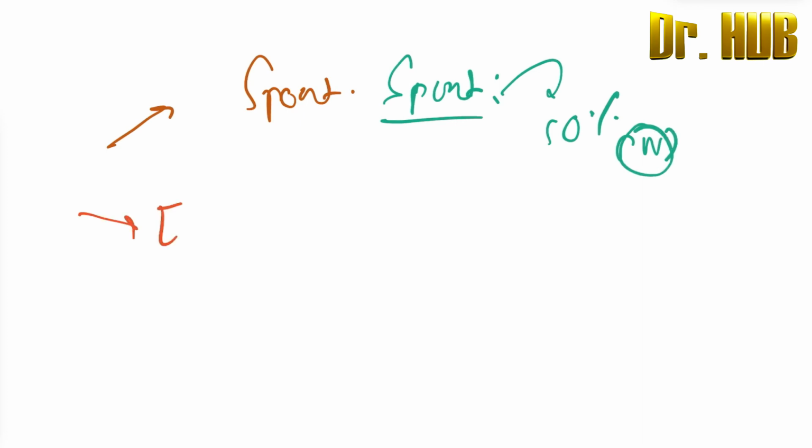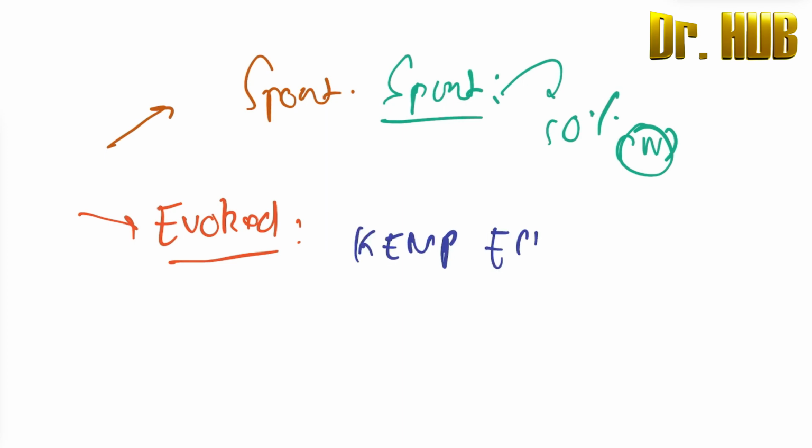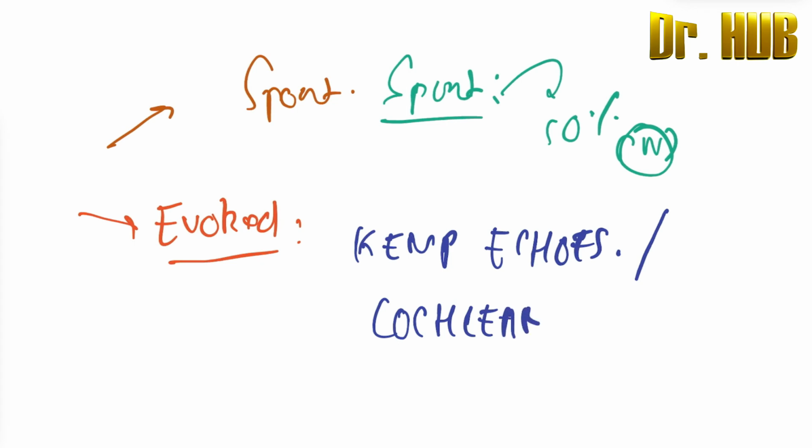Next will be the evoked variety. The evoked type is also known as the Kemp echos or the cochlear echos.